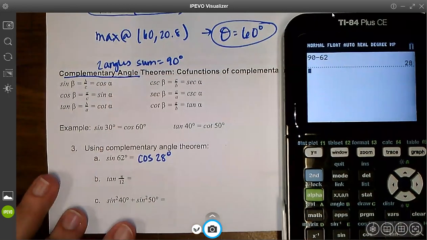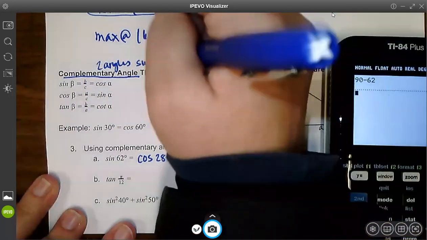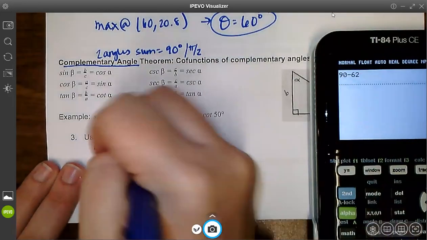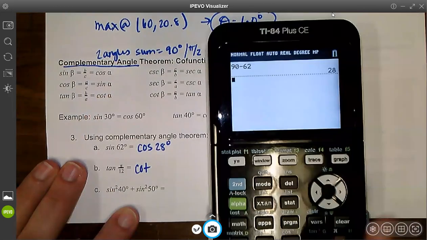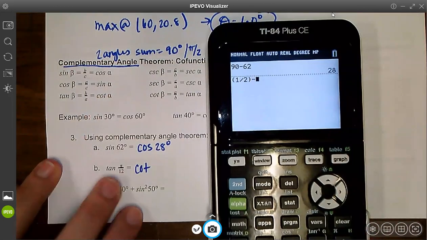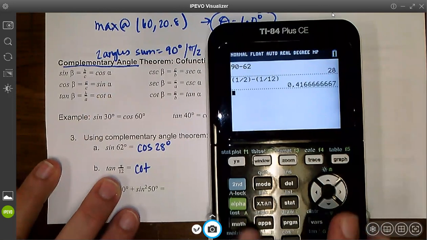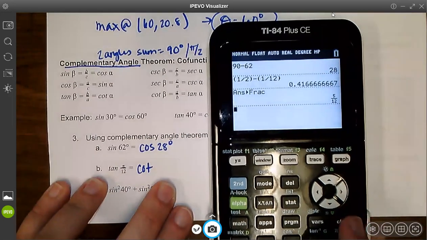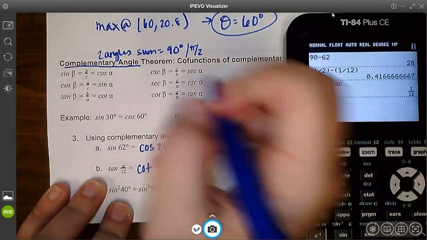Remember that 90 degrees is equivalent to pi over 2. So the tangent of pi over 12 is going to equal the cotangent of pi over 2 minus pi over 12. Remember to do that in your calculator and get an exact value: you leave the pi out, and then you put it back in when you do it. So we have the cotangent of 5 pi over 12.